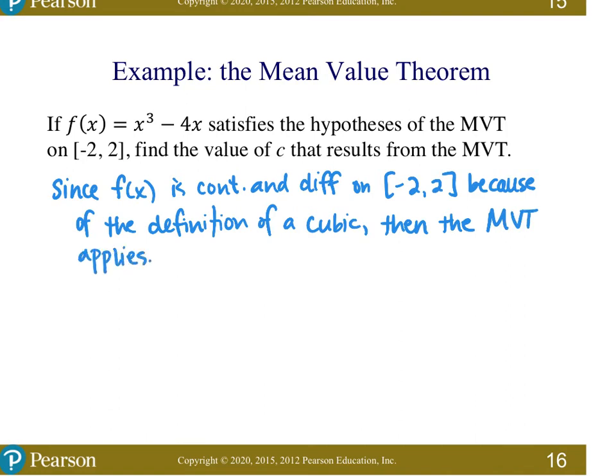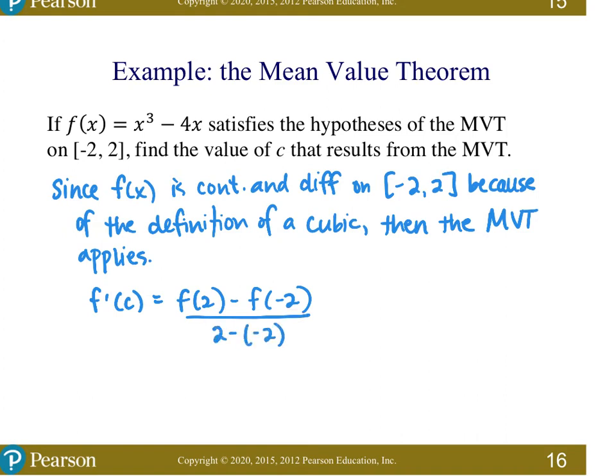All right, now we're ready to do the mean value theorem. So f prime of c is going to be f of 2 minus f of -2 over the interval 2 minus -2.